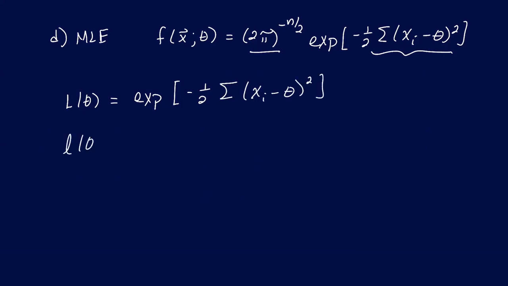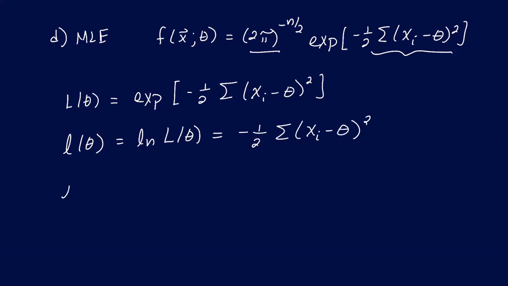I'm going to look at the log of the likelihood, which almost always makes maximizing the likelihood easier, but sometimes it doesn't. And so remember, your goal is not to take the log. Your goal is to maximize the likelihood. And if taking the log made things worse, then don't take the log. But definitely here, because we have an e, it makes things nicer. I'm going to take the derivative with respect to theta. I'm going to take that derivative through the sum and pass the negative 1/2.